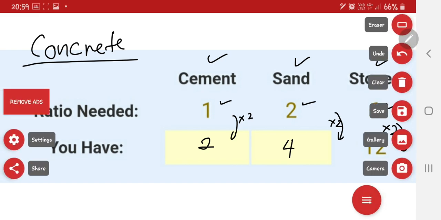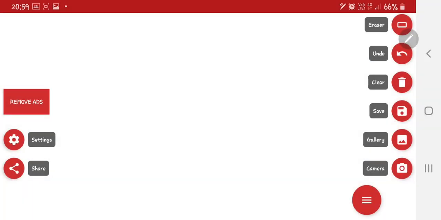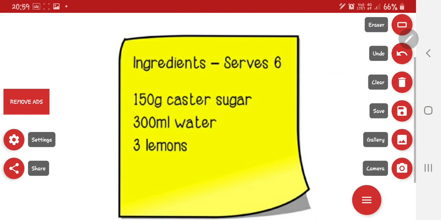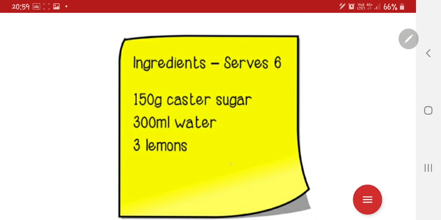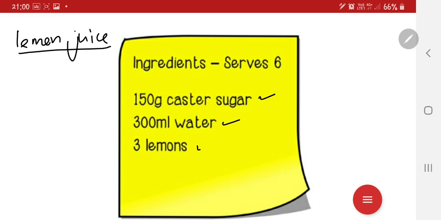Another example, which would be more familiar to you guys. This is a recipe to make lemon juice. For you to make lemon juice, you will need 115 caster sugar, 300 ml water, and 3 lemons.